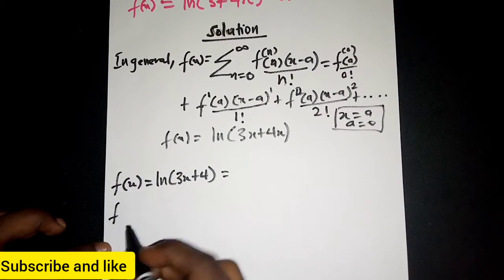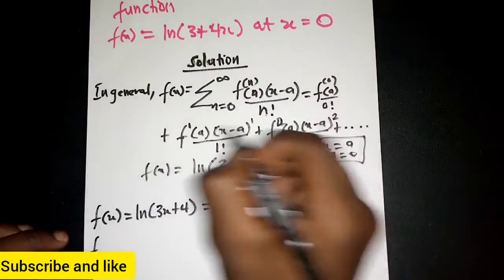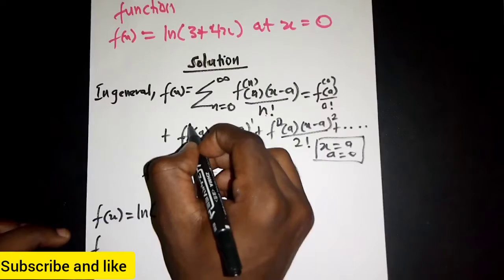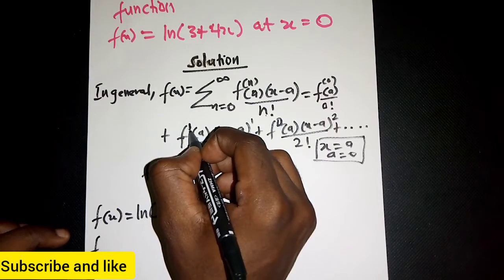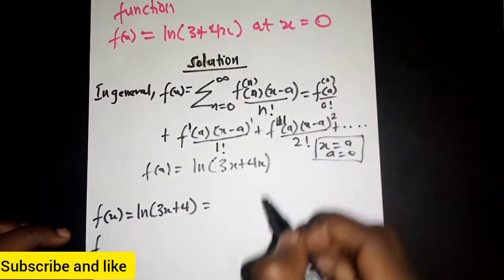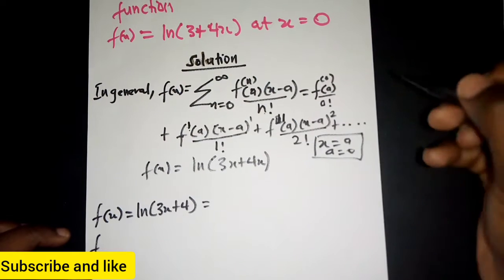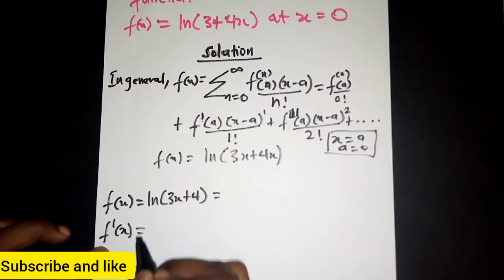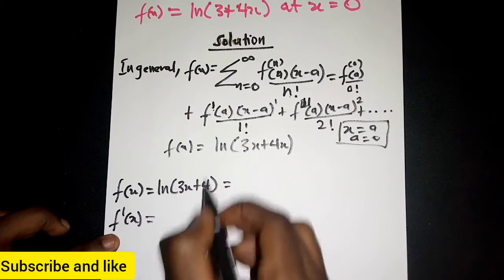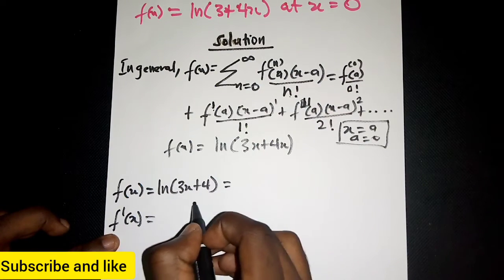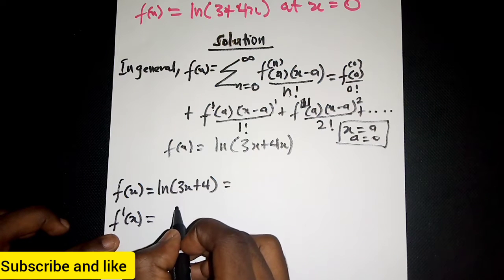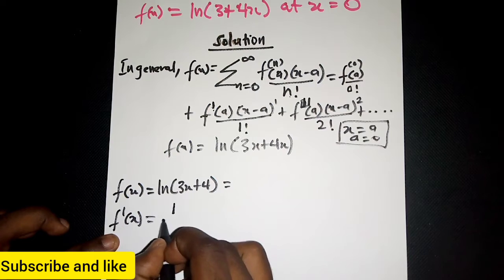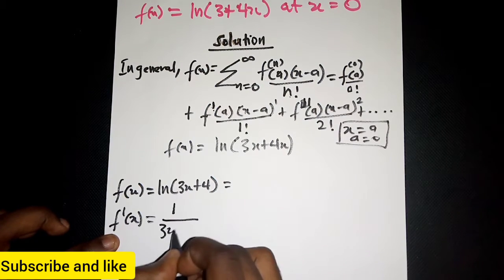Then the next thing is that we are going to differentiate, because in general the series uses the first differential, the second differential, then the third differential, the fourth differential. So we differentiate f of x. Differentiating the ln of 3x plus 4, we get 1 divided by 3x plus 4.